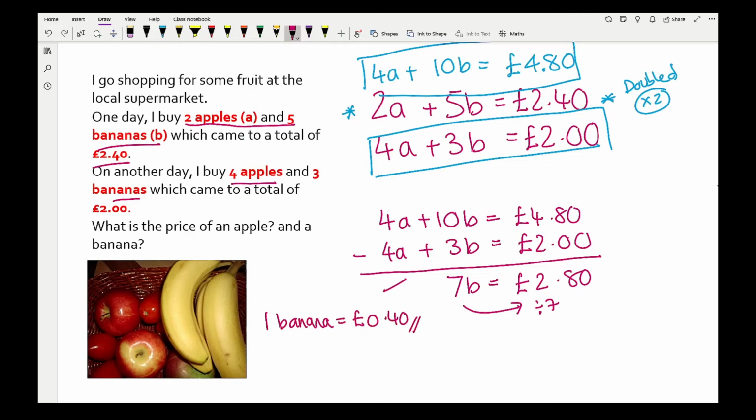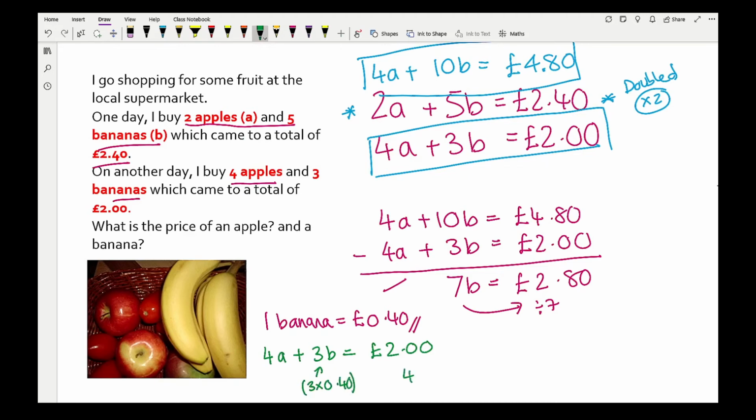Now if I then take the first order, and actually let's take the second order. So if I know that 4 apples and 3 bananas cost £2, well I now know that 3 bananas is going to be 3 times 40p.